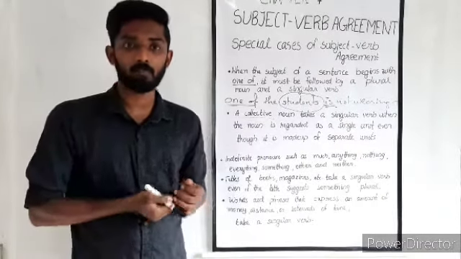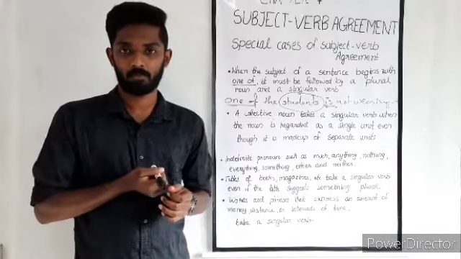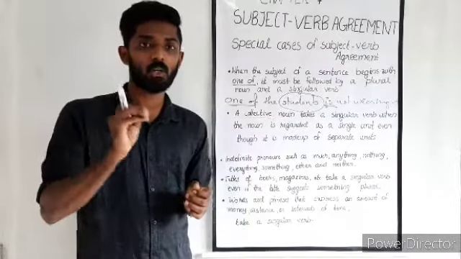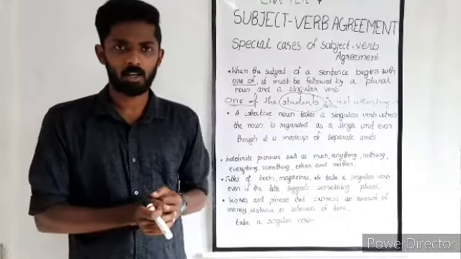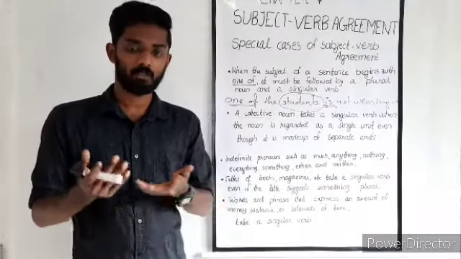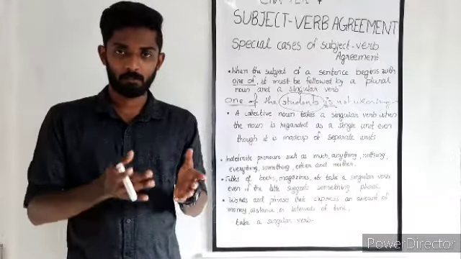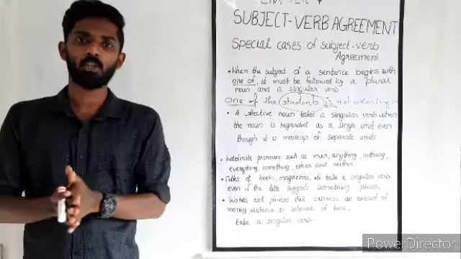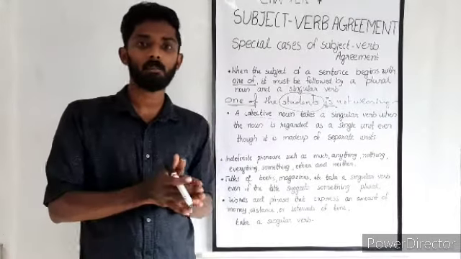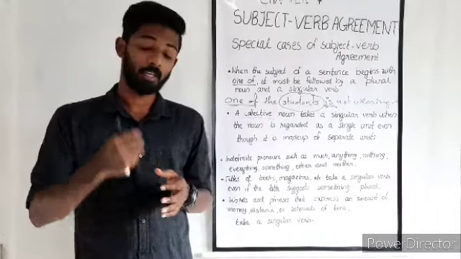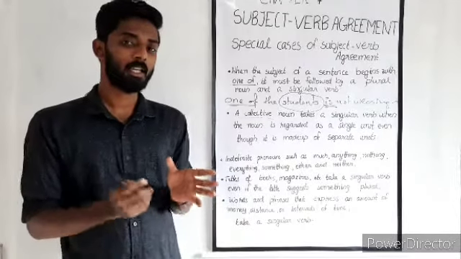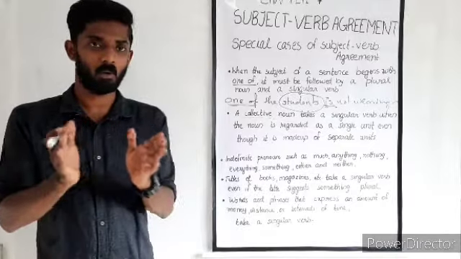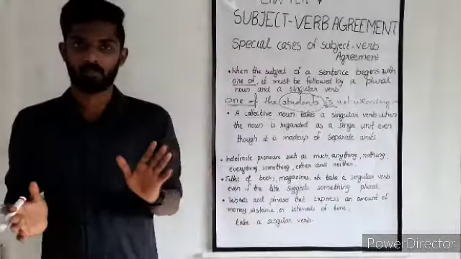So a pair of spectacles was found in the playground. We take it as a singular unit and use the singular form of the verb. Or else, where is my new pair of trousers? Here, pair of trousers, we take it as a singular unit. We know that a pair means two, but even then we take it as a singular unit.